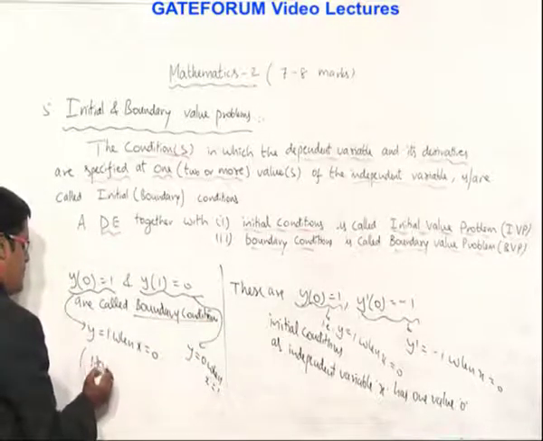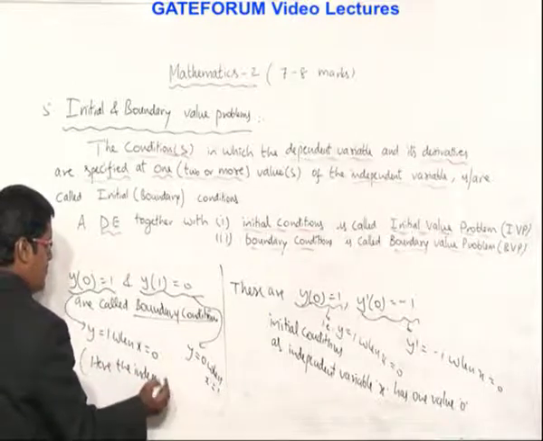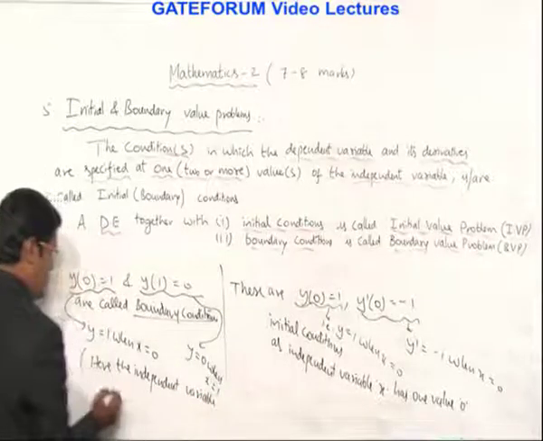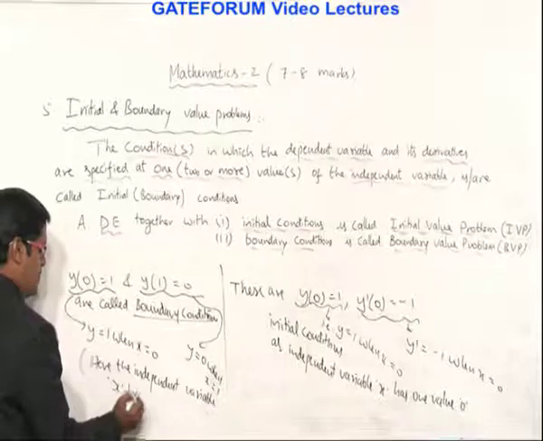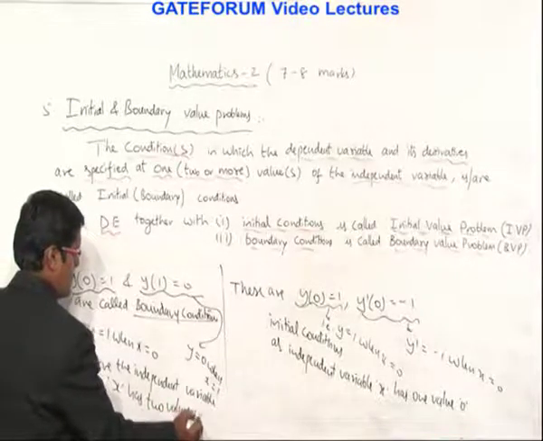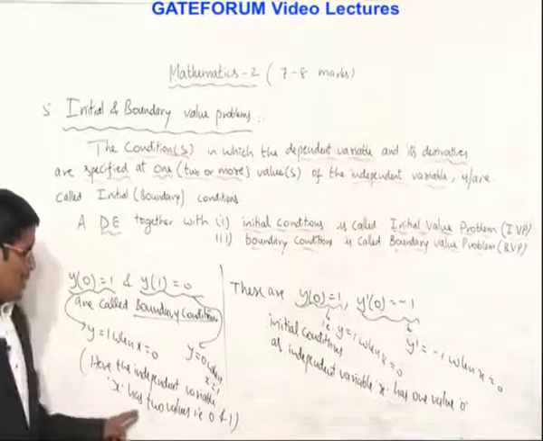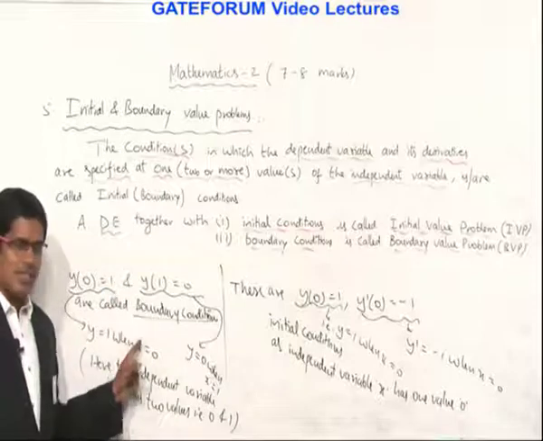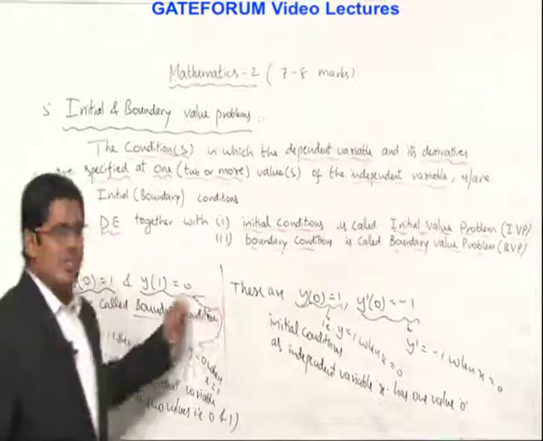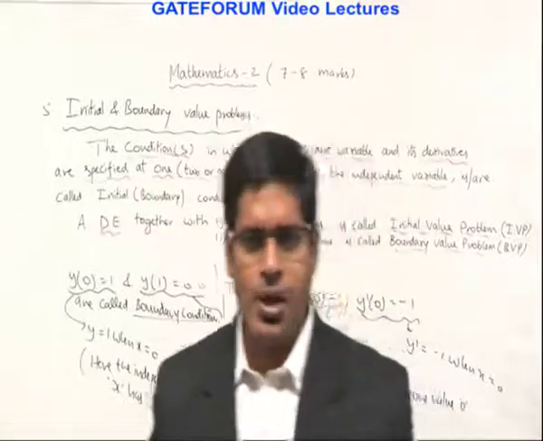Here the independent variable x has two values, that is 0 and 1. Because the independent variable x has more than one value, such conditions are called boundary conditions. So a differential equation together with these types of conditions is called an initial value problem or boundary value problem, depending on the conditions.